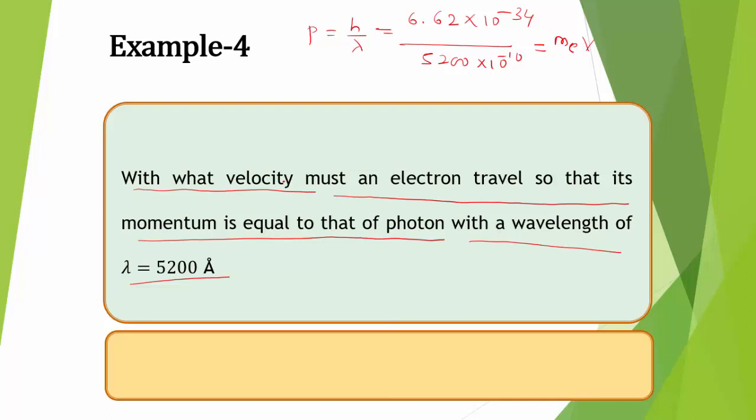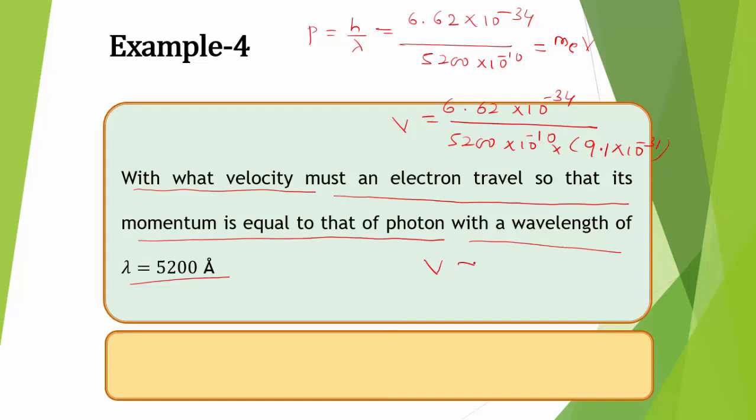Now here, with what velocity must an electron travel? Then v is equal to 6.62 into 10 to the power of minus 34 divided by 5200 into 10 to the power of minus 10 into mass of the electron, that is 9.1 into 10 to the power of minus 31.